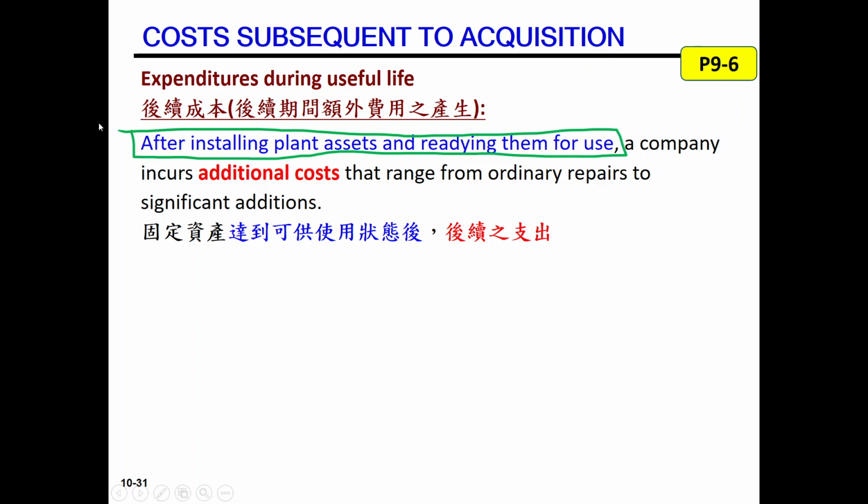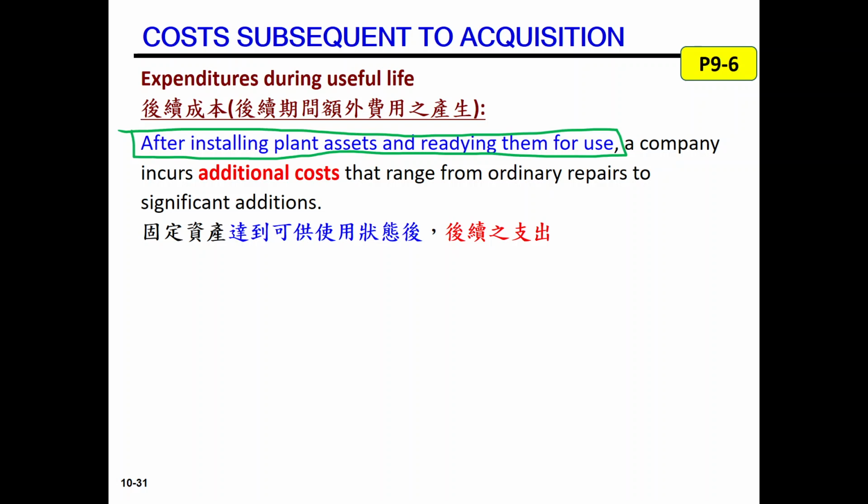So after you got your PPE and you start to use it, okay? So it means after the first day you got your PPE, then you continue to use it. So any money you had to spend when you start to use your PPE, for example, for your motorcycle, your bicycle, your computer, your car, any additional money you had to pay.